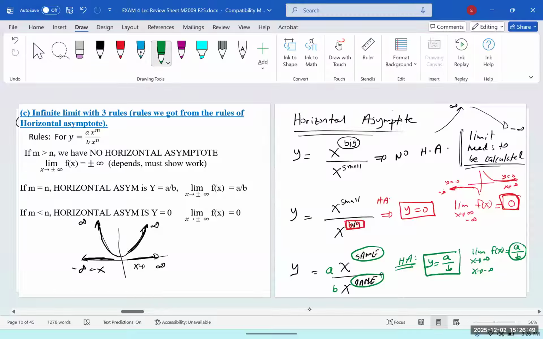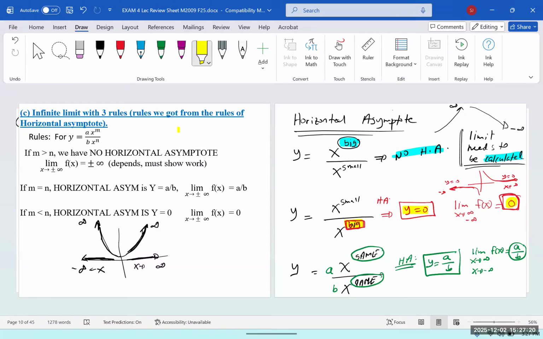So depending on what type of scenario you have, there are three different limits or three different asymptotes. Numerator big means no horizontal asymptote, and there is no fixed limit. You need to find it. But if your denominator is big, your horizontal asymptote is always y equals 0, so your limit is always 0.